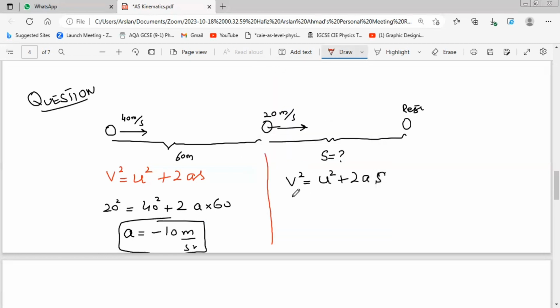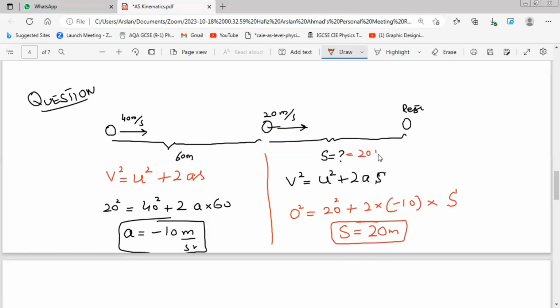By substituting the values, in this case this is the final speed, this is the initial speed, and acceleration is this. So v square means 0 square is equal to u square, 20 square, plus 2 times a, a is minus 10, multiplied by s. By calculating these values, we will get s is equal to 20 meters. So this is the required distance, which is 20 meters.